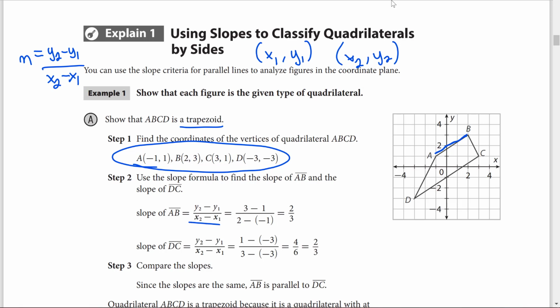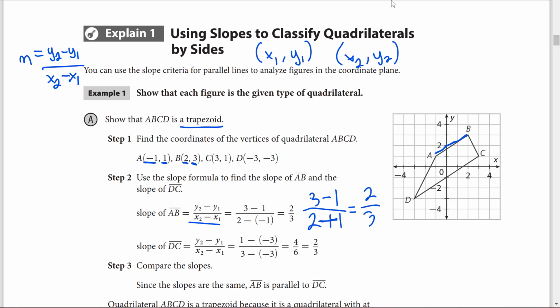And let's see, so the y-coordinate of my second point, B, is 3, minus the y-coordinate of my first point, which is 1, divided by, my x's go on the bottom, 2 is the x-coordinate of my second point, minus -1 is the x-coordinate of the first point, point A. So I work that out. 3 minus 1 is 2. 2 minus a -1 becomes plus.